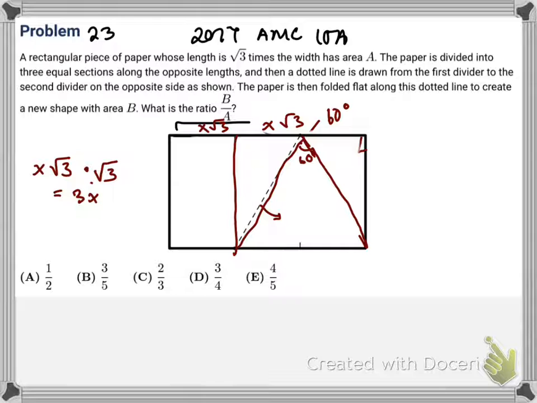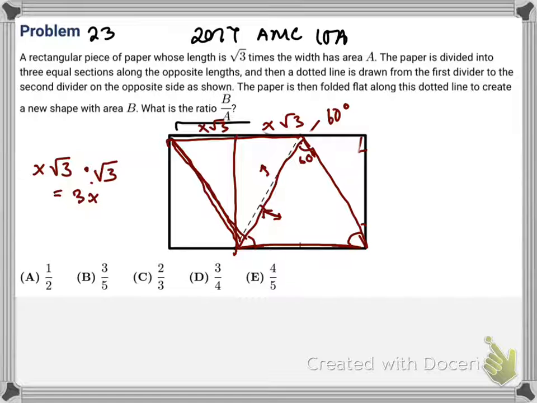Well, I do already know the way this triangular slice flips over. So if I turn this into a triangle over here, if I just break that last rectangle up, then I can see that this triangle over here is going to be identical to this triangle, because if this is 60 degrees, this is 30, then this will be 60, and this will be 60, so I have an equilateral triangle.